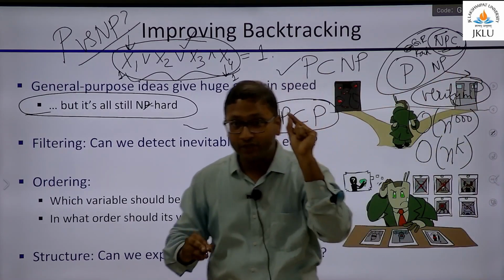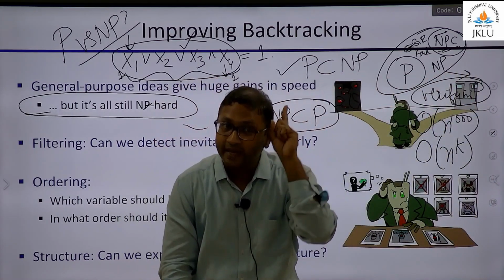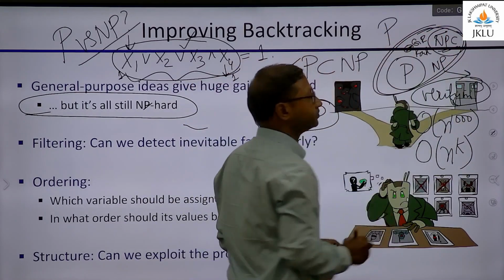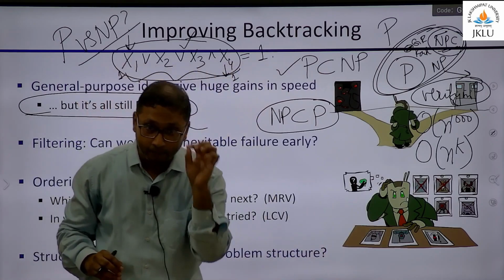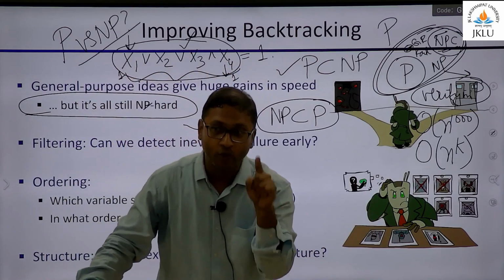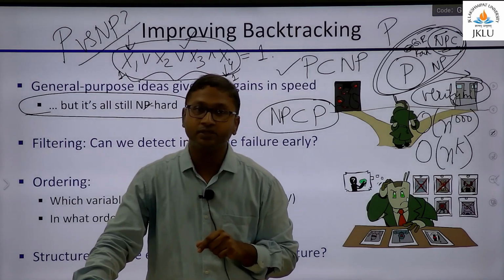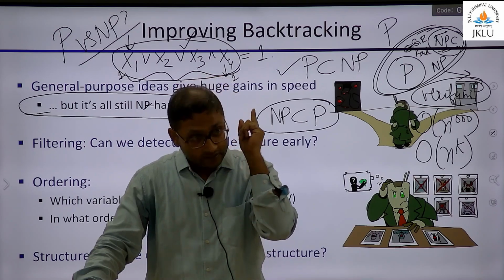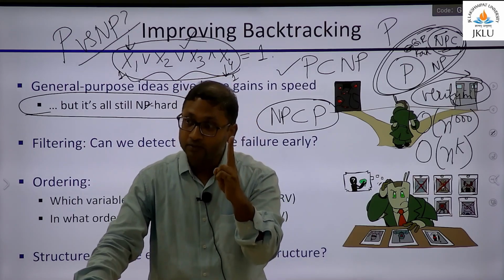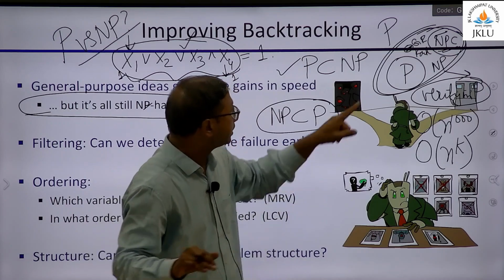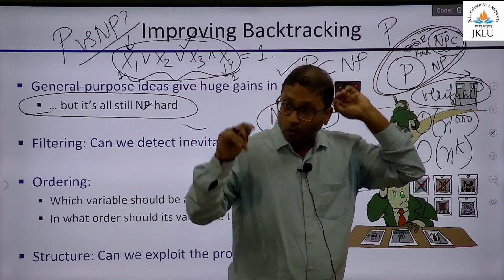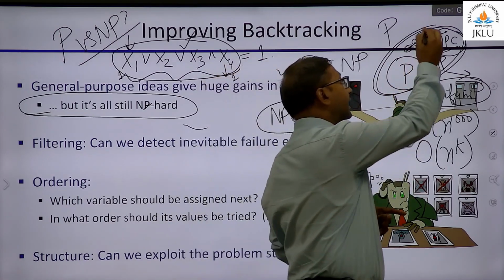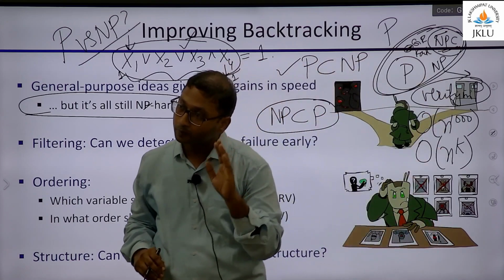Anyone, you give a polynomial time solution for any one of them, and all of them will fall into P. In fact, this whole NP set will fall into P.